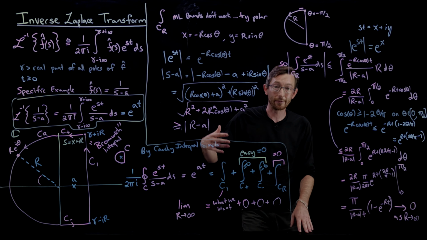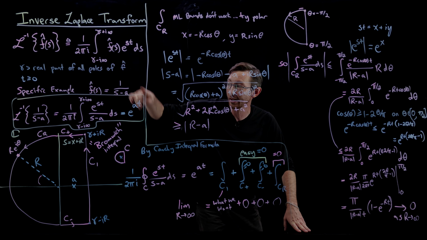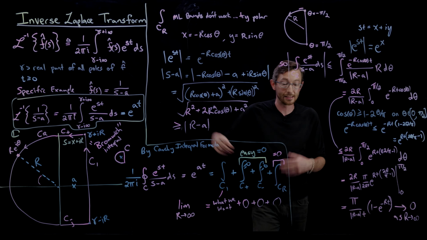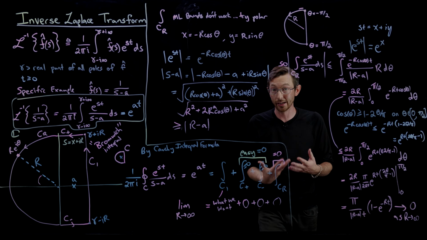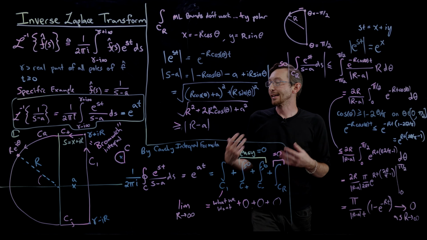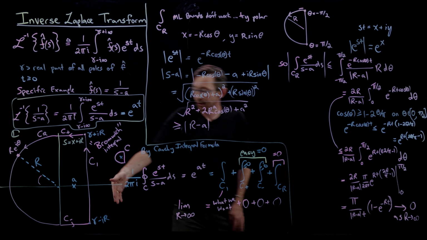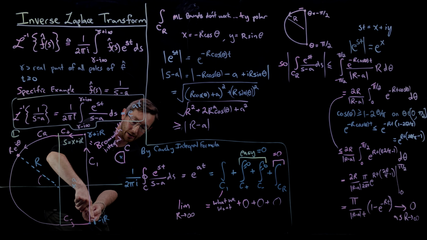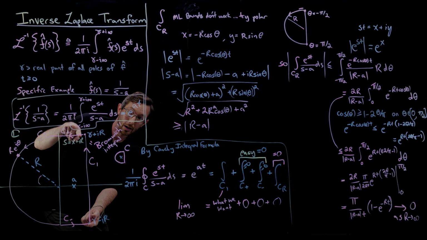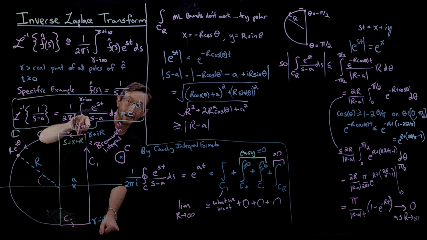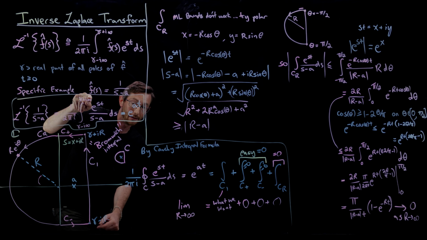Specifically, if I want to inverse Laplace transform a function like 1 over s minus a, which comes up all the time in linear differential equations, I essentially need to solve this very large vertical integral in the complex plane, from gamma minus i infinity to gamma plus i infinity.